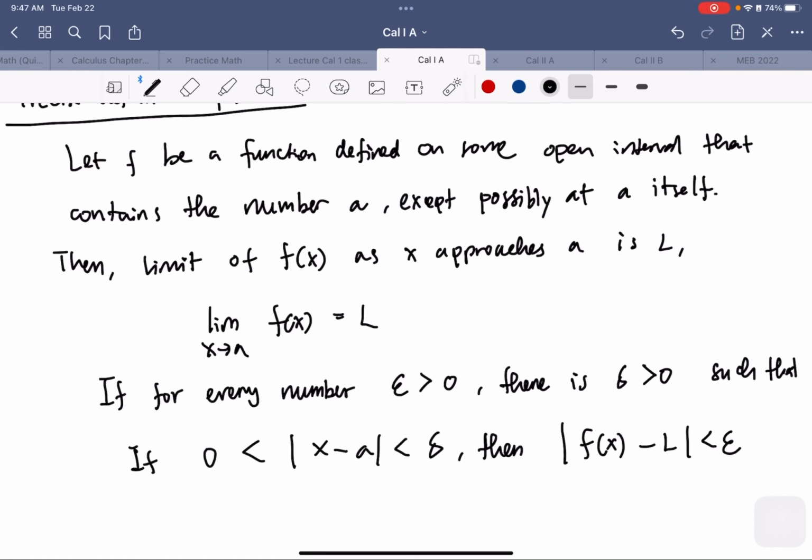And we know that there is some epsilon here. The idea is we want to find the delta such that when we have that delta, we get this statement.